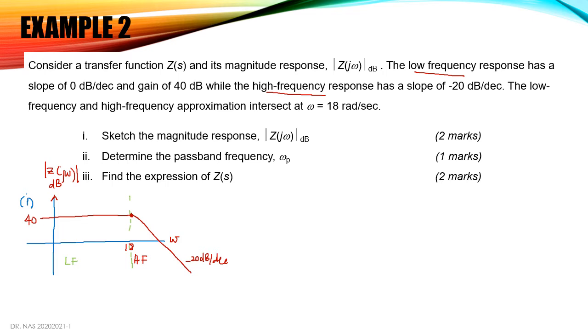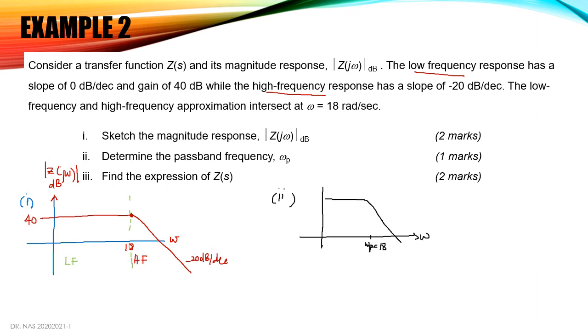Right, next, determine the passband frequency. So based on this shape, you know that it looks more or less like this. Omega passband 18.